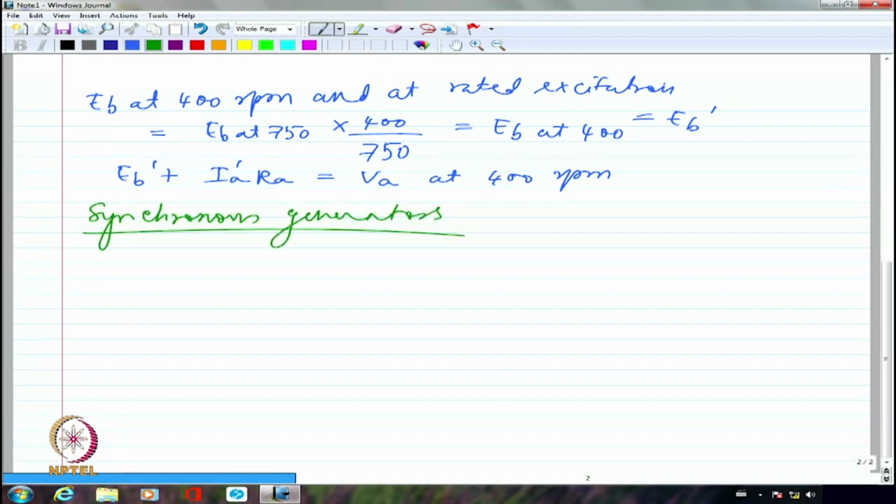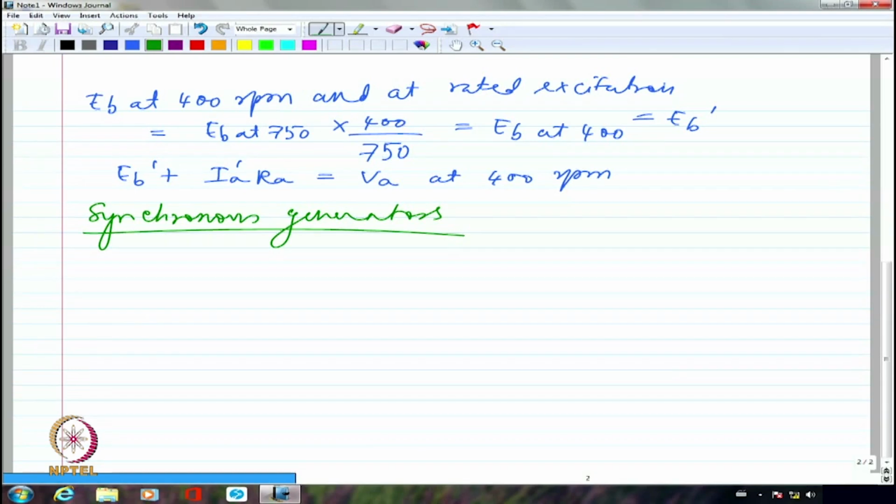That's the reason. So in the case of synchronous generator, we said basically that we are going to have either a permanent magnet or electromagnet in the rotor, which will be rotated at synchronous speed. If it is a 2-pole machine, it will be 3000 RPM.